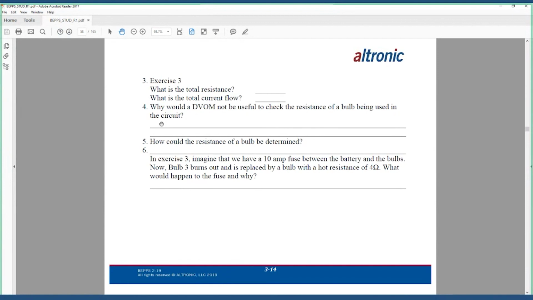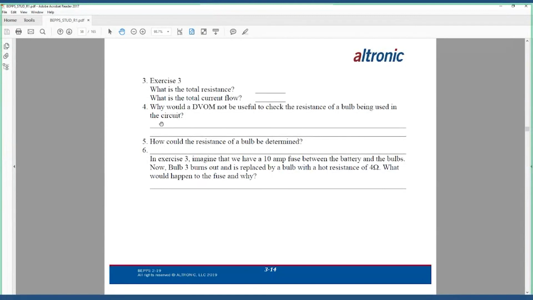But I'm sure what I was trying to do when I wrote this a couple of years ago was probably trying to find a reason or make an explanation as to, hey, you could put the wrong resistance bulb or the wrong resistance relay in a circuit because maybe that's what you had that day on your truck, and you could all of a sudden go from a circuit that works correctly to a circuit that is pulling too much of an amp draw.